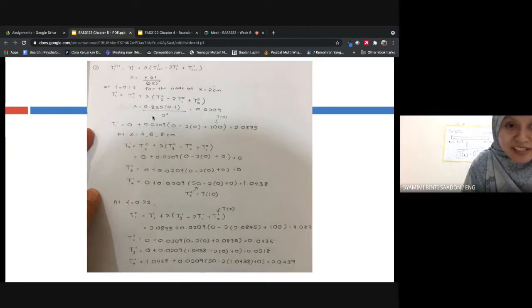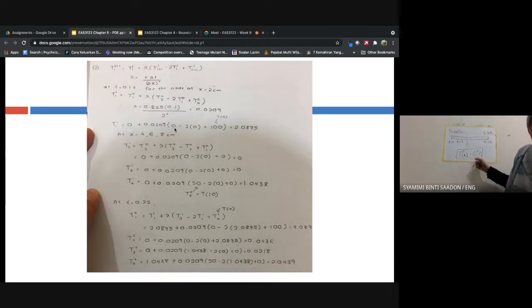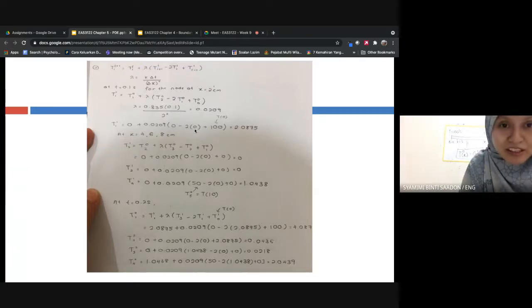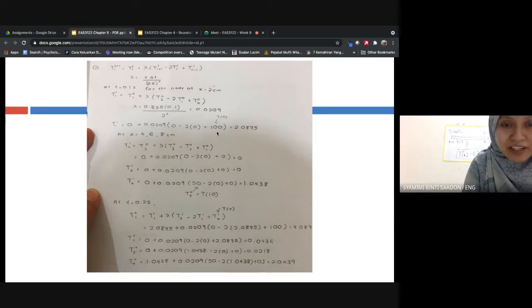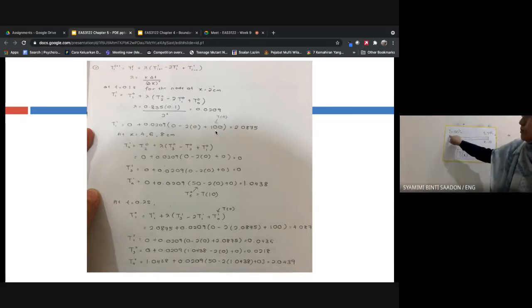And then this is lambda times T20 minus 2 times T10, which is 0, same thing, plus 100, because this is the boundary point T00, which is 100. Except at the boundary, the extreme point is given as 100 degrees Celsius.